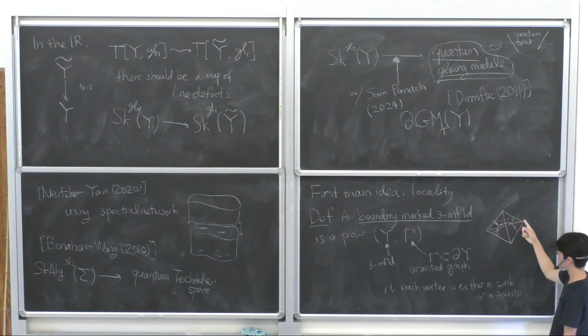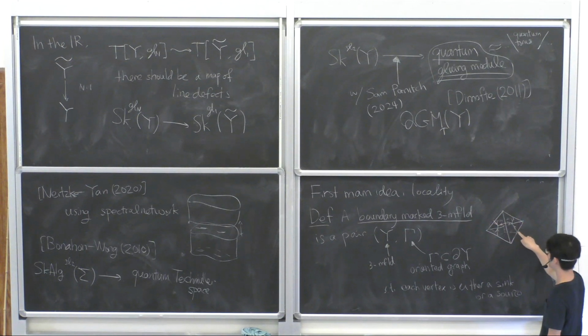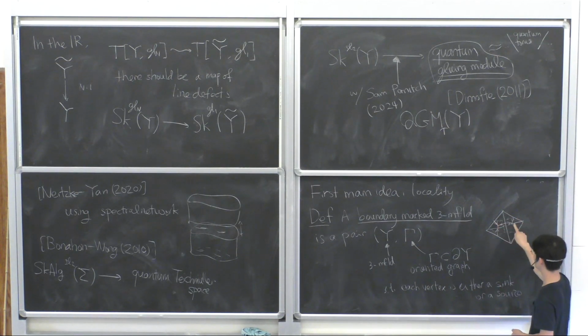This is a graph whose vertices are like one on each edge, one on each face, etc. The vertices on the edges are the sources, and the vertices at the centers of faces are the sinks.